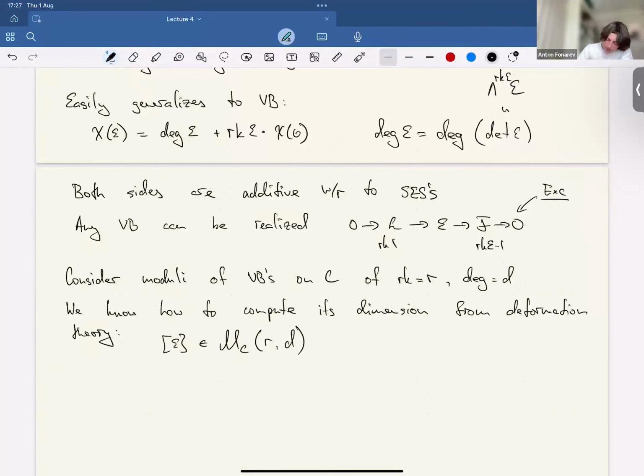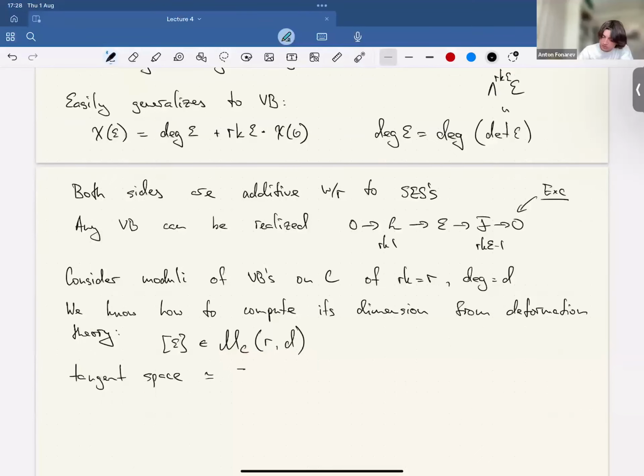Then the tangent space you can compute by knowing, recall from algebraic geometry from the beginning, that the tangent space can be computed as morphisms from dual numbers into your scheme. But if you think long enough about what it means to construct a morphism from dual numbers into a scheme, you will realize that it's the same as constructing an extension.